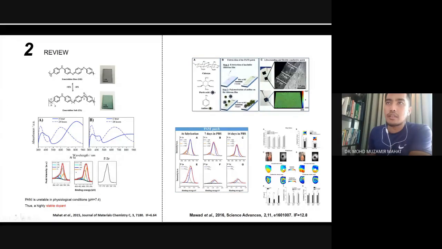We have an extended long structure of the polymer, and this phytic acid probably can enhance the stability of the material, so that the dopant inside the system, which is the acid, will remain stable in the system once we put it at the pH of 7.4.